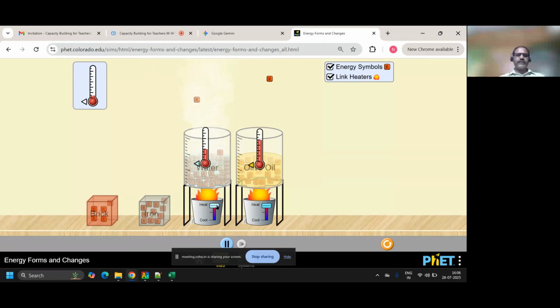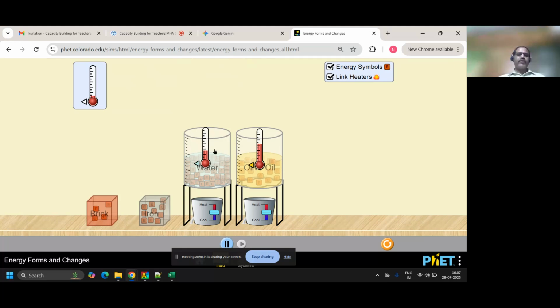When we put this one, water starts boiling, and you can see a state change. Here the heat energy is present, and because of that, the liquid is changing into vapor, water vapor or steam, and it is coming out.